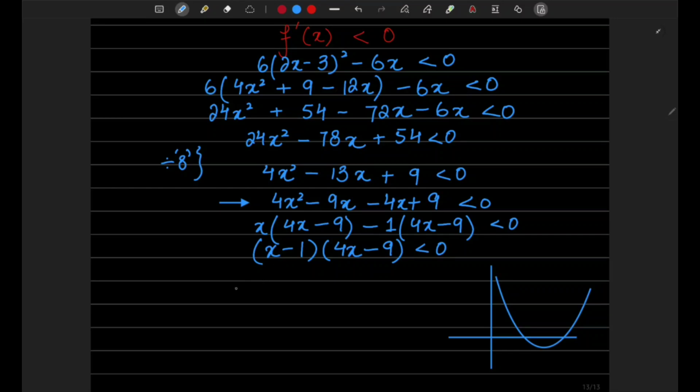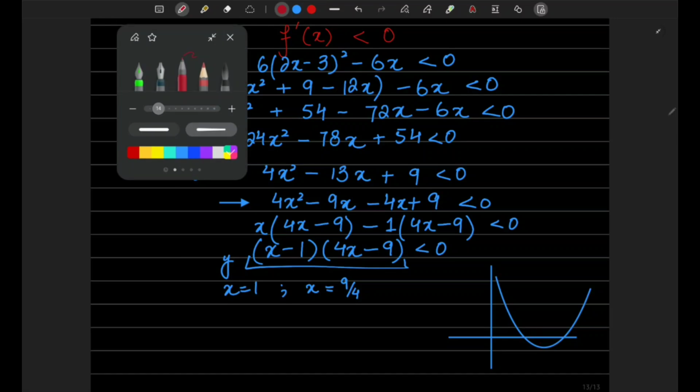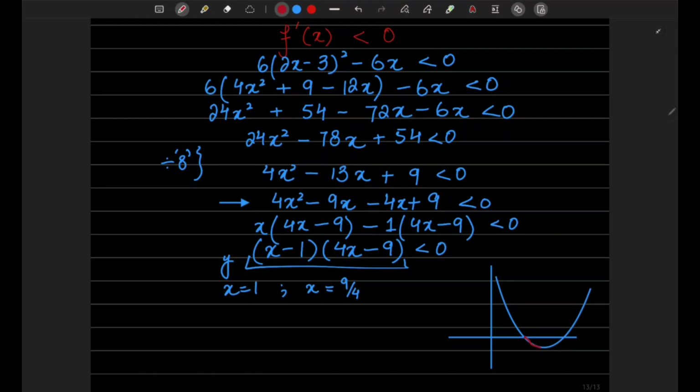From here we get two values, x equals 1 or x equals 9/4. This represents your y, f dash of x. So your expression is less than 0 in which part? This part of the curve. Yes, the y values are negative for this part.